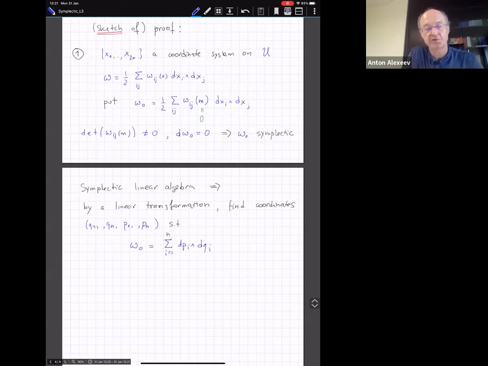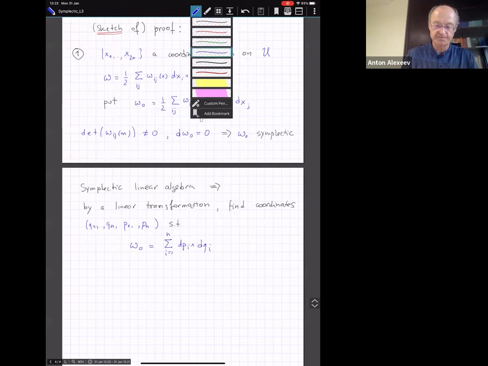So with this step one, we made some progress. At the moment it doesn't look very useful, right? We took our form just at one point, and then we invented coordinates such that at that point it would look like dpi dqi, but of course at other points omega is not equal to omega naught. It's difficult to say how useful it is, but let me make an illustration.